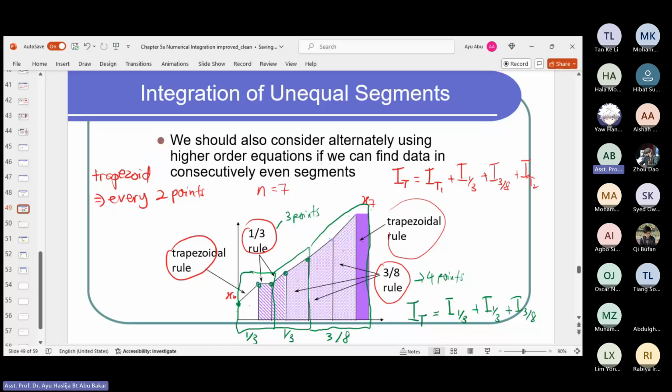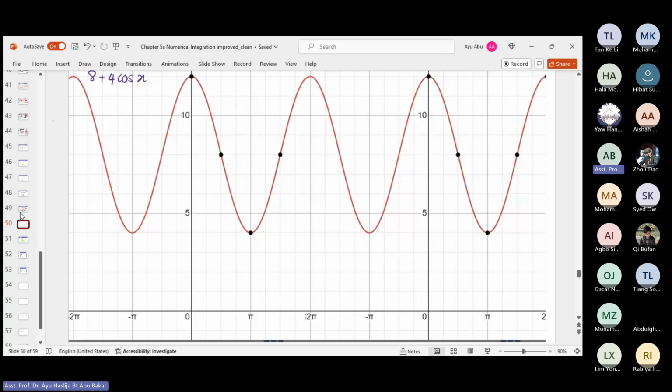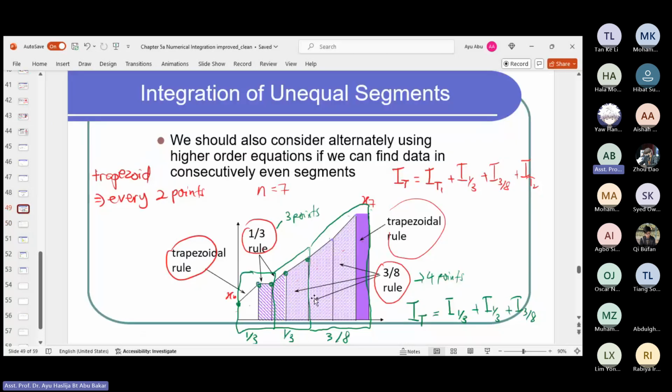Okay, so let's say you say I want to use only 3/8 rules. Let's see if it works. I copy this one first.